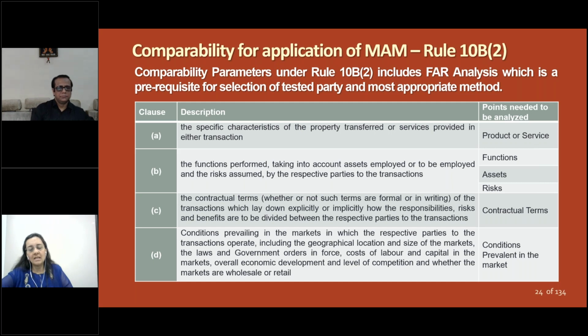If the tested party doesn't assume any risk and is a low risk distributor or a no risk service provider, then I must compare it to comparables that also have no risk, or if they have risk, I must be able to adjust for that risk to say that, if they did not have that risk, what would their margins be?